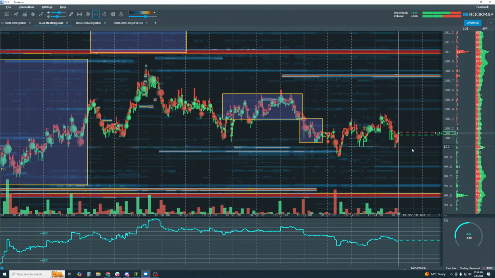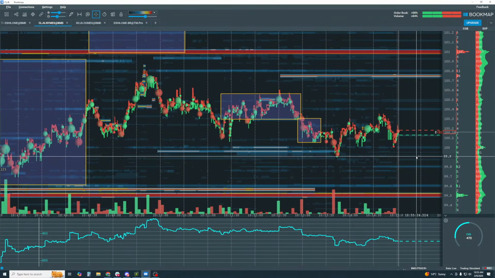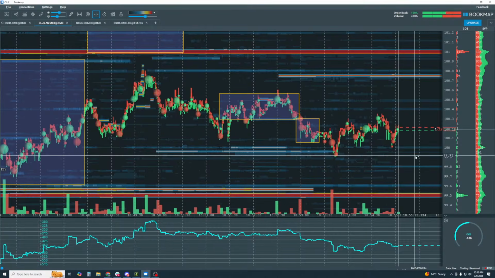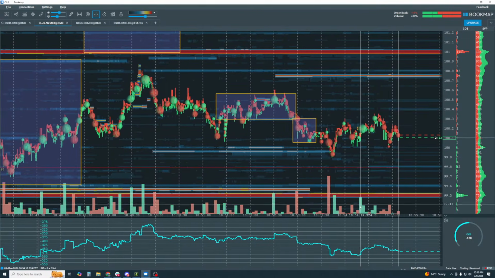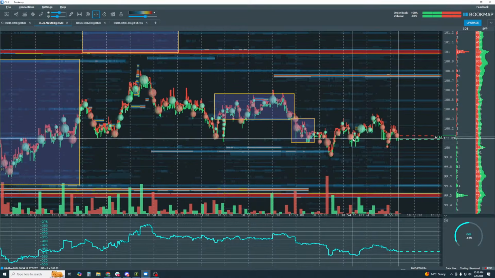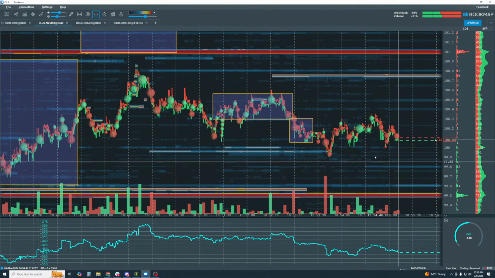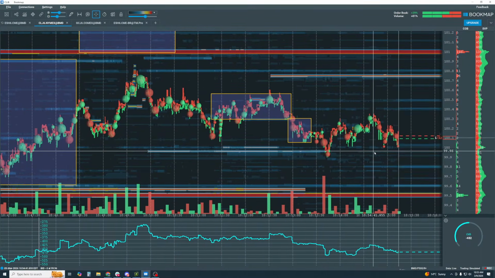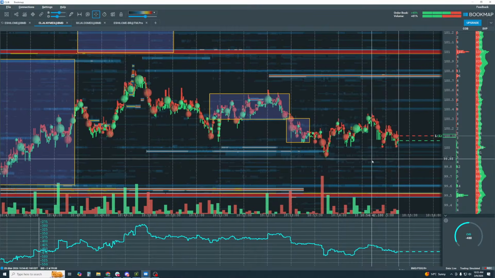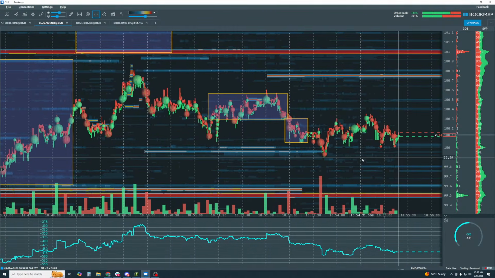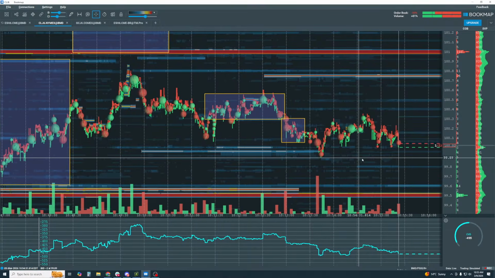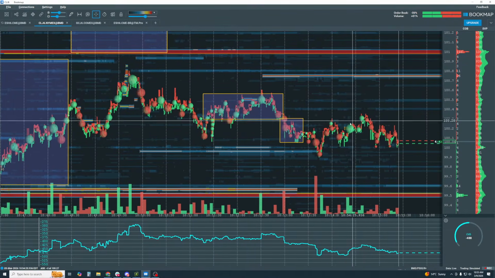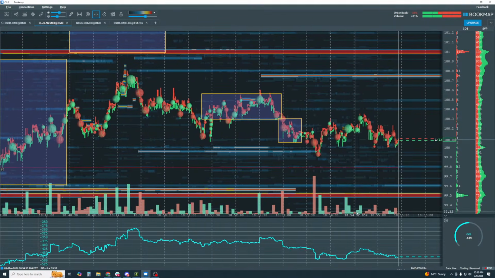No, still not ready. Still chopping. Showing some interest though, some buying interest coming in. What I mean by that is this cluster in here.